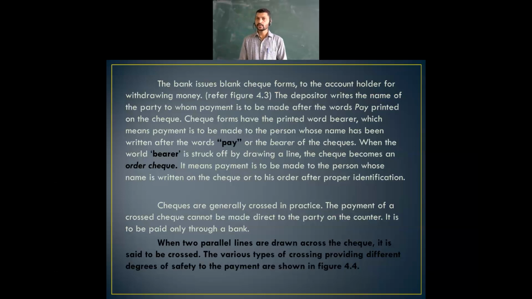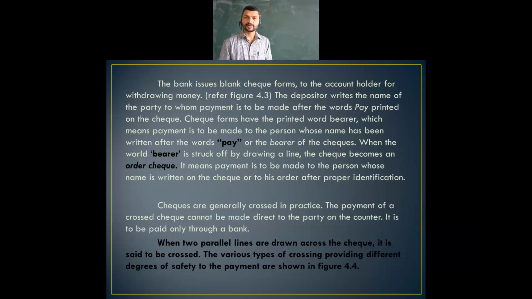What it means is whose name it is. If I have given the check for you in your name, and if I have made two cross lines, what they need to do is, the person who has gone for the withdrawal, they will check whether it is the same person or not.